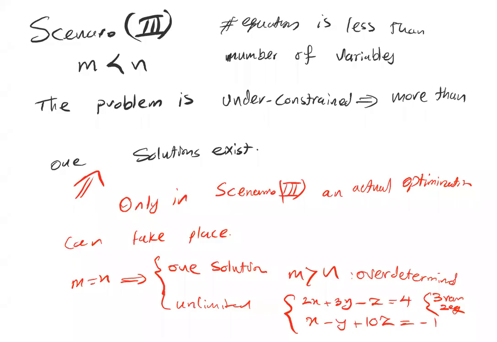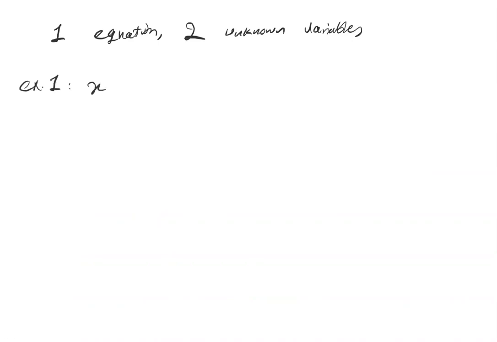So let's take a look at an example for this scenario. One equation, 2 unknown variables. Example 1, x squared plus y squared is equal to 4.